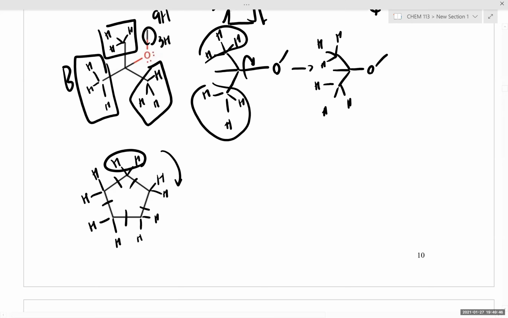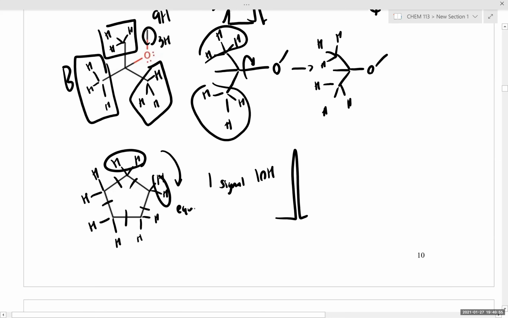So in general, we'd see one signal that contains 10 hydrogens because all of these methylenes are equivalent. Does that logic make sense? Perfect.